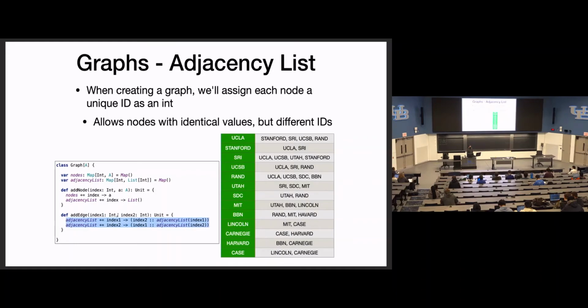If we're adding an edge, index 1 and index 2, these two nodes are connected. We need to update the adjacency list for index 1 and index 2. We're going to pull the current list and prepend, because it's more efficient, the other end of that edge to these adjacency lists.